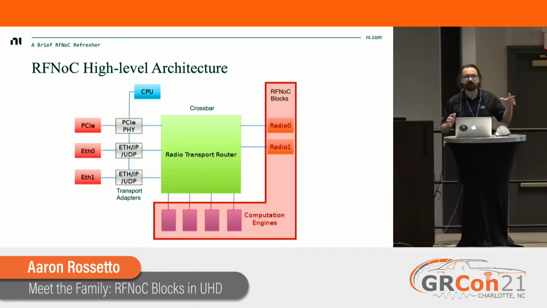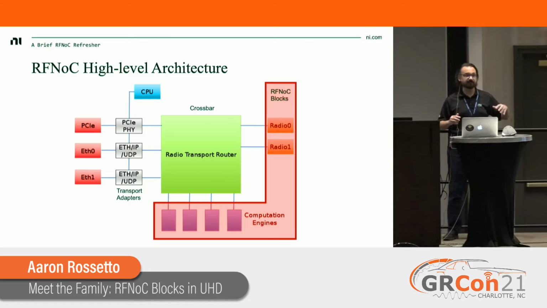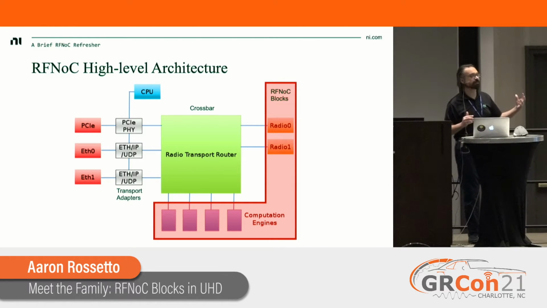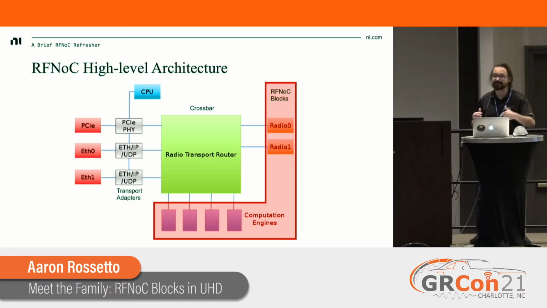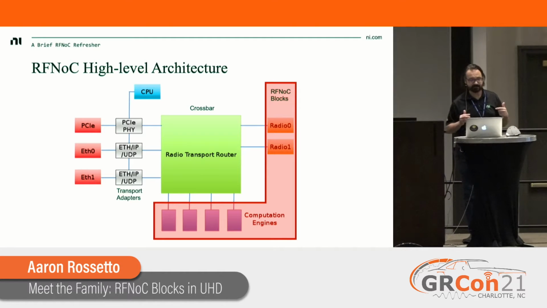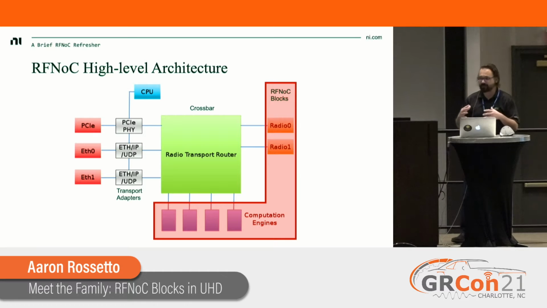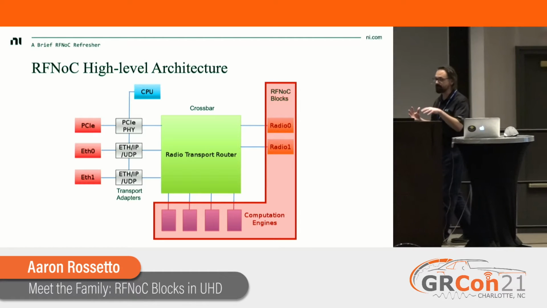So looking at the RFNoC architecture from space, essentially, on the left-hand side, you have the transport adapters, which provide ingress and egress for radio data. In the middle is a big old router that can connect endpoints to each other. And then what I have highlighted in red is what we're going to be talking about today.